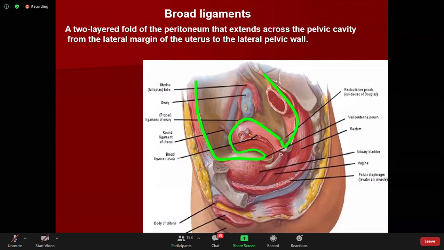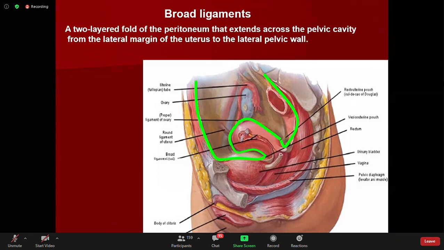Okay? So this is the uterus. When you read the description of the broad ligament, they're going to say it is a two-layered fold of the peritoneum that extends across the pelvic cavity from the lateral margins of the uterus to the lateral pelvic wall, which is exactly like this. Two-layer fold of the peritoneum, right?